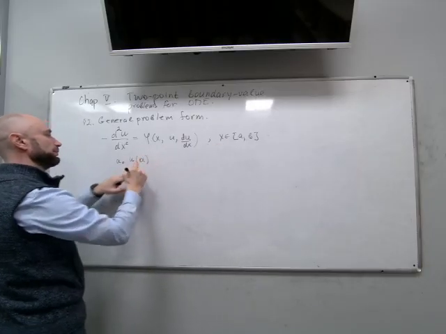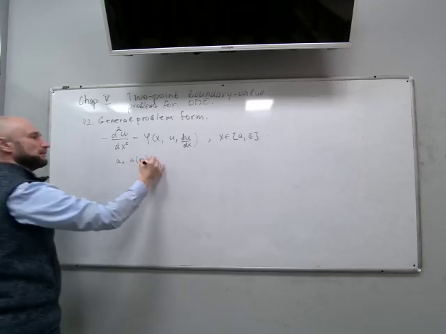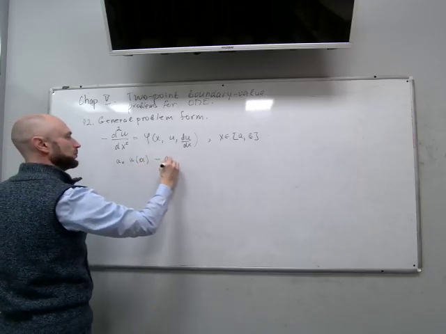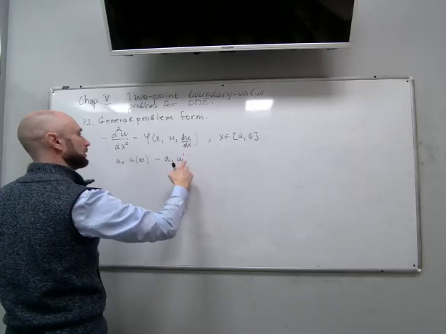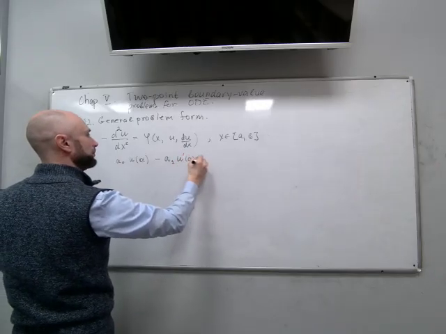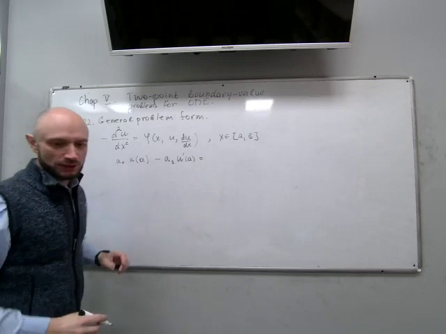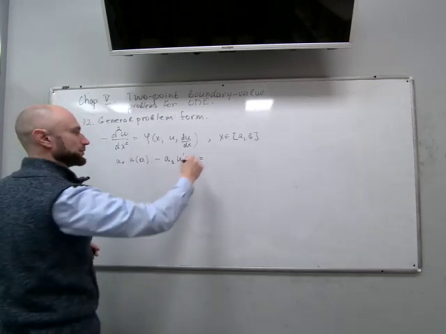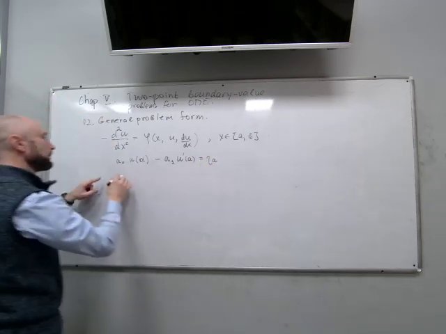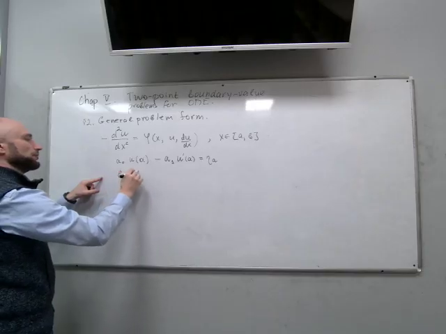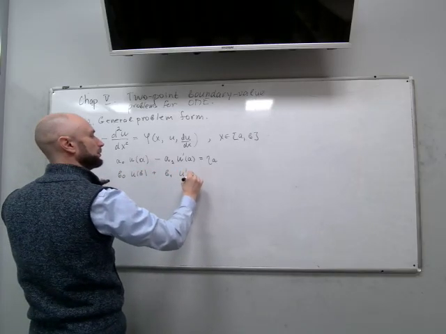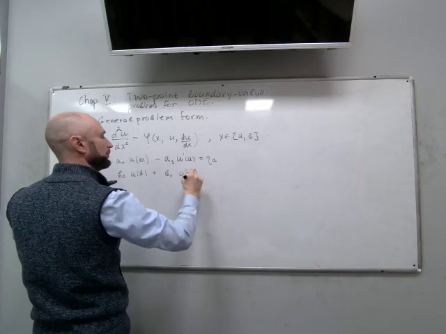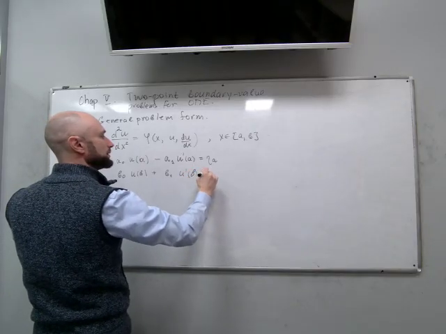So this will be a0 u at the point a minus a1 by derivative of u at point a, and this should be equal to some constant eta a. b0 u of b plus b1 u derivative at point b is equal to eta b.